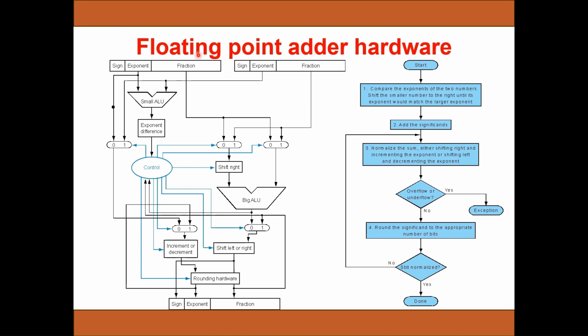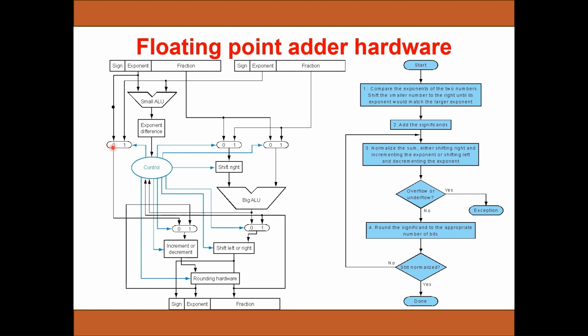So here it is showing floating point adder hardware, and here the steps are also given as a flowchart. This is one floating point number, this is the second floating point number. First of all, their exponents will be compared, and by the difference between those exponents, the fraction of the smaller number will be shifted.